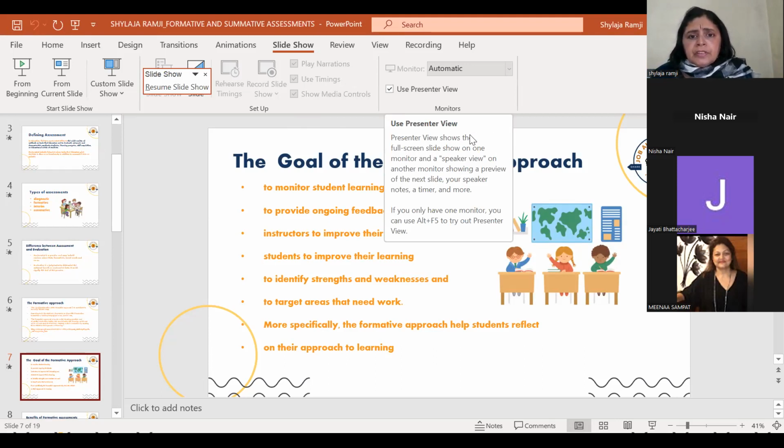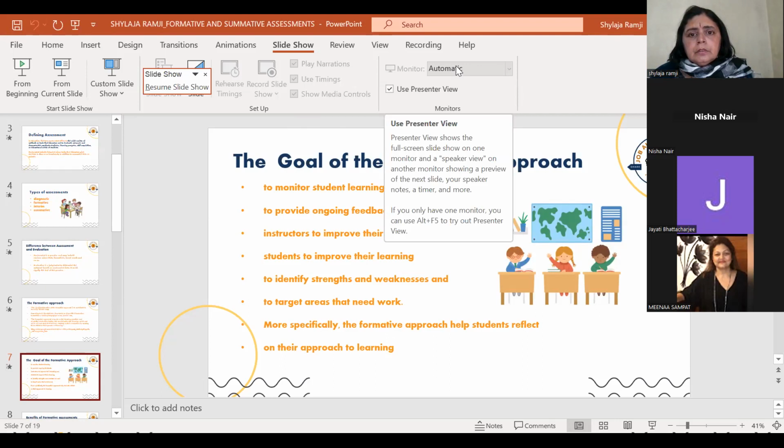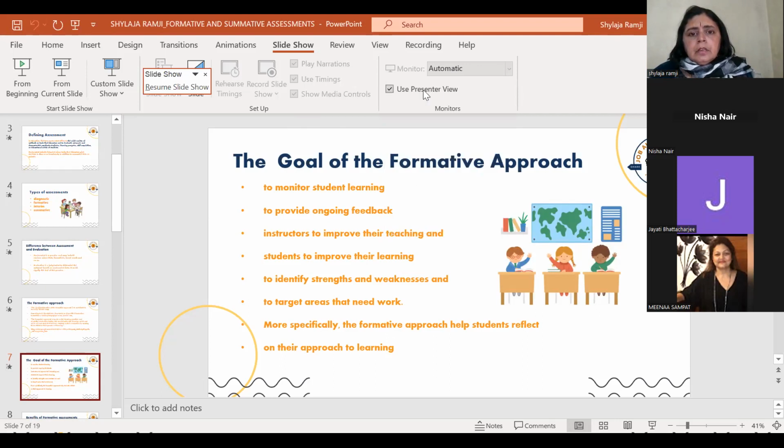Present full use presenter view. Okay, it's telling me to do something. Okay, sorry.